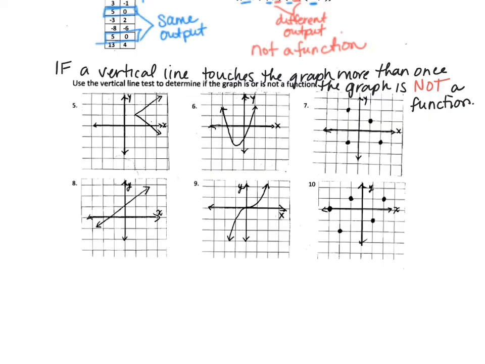So I'm going to draw a vertical line here. On number 5, there's a vertical line, touches once. The minute I move over, I have a vertical line that touches twice. I have two outputs for the input of +2. So this one is not a function.